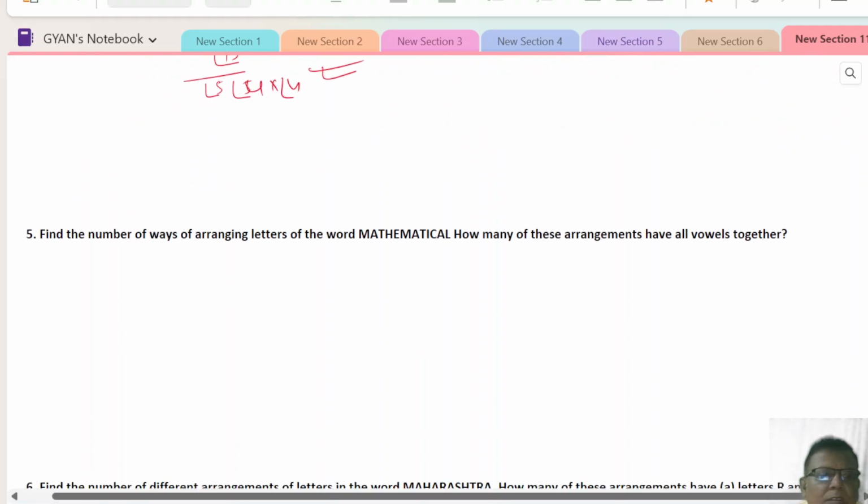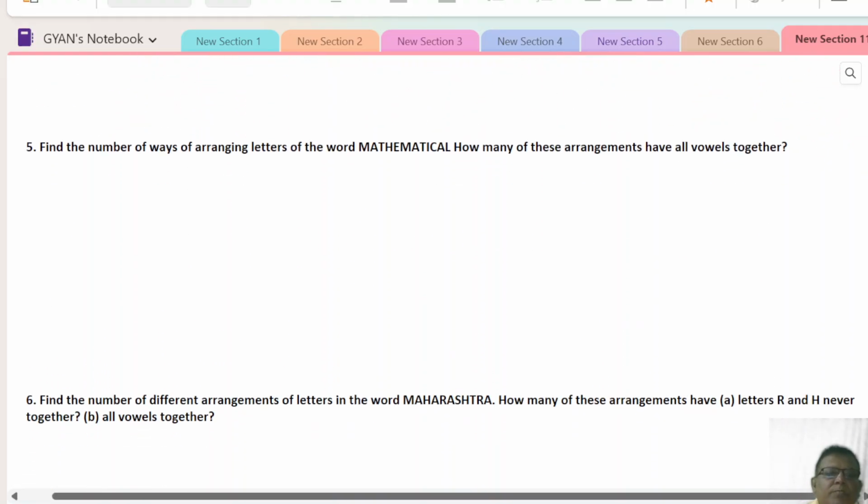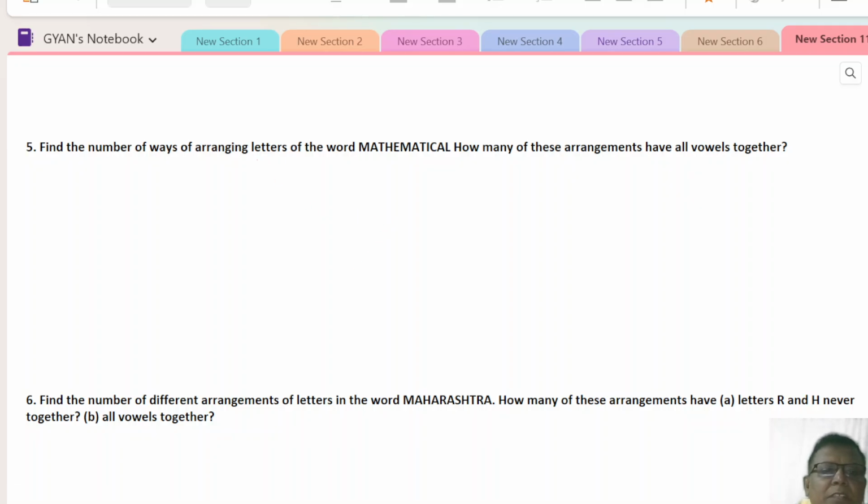Now come to the fifth question. Find the number of ways of arranging the letters of the word MATHEMATICAL. In how many of these arrangements do all vowels come together? So first, MATHEMATICAL. Now A how many times? A 3 times.